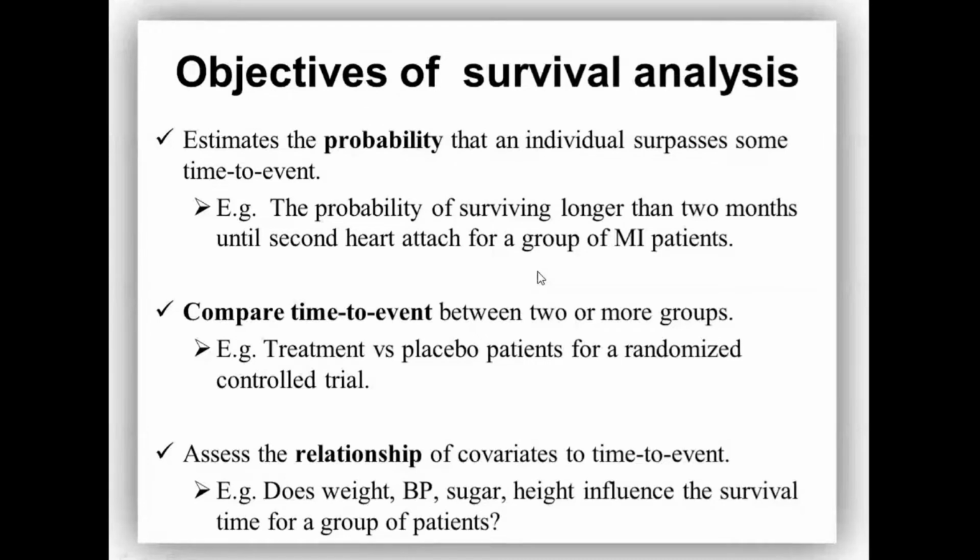For example, if you are studying ART users, HIV patients, then the event may be death, and your follow-up may start from the start of ART. So your survival time will be from the origin, the beginning of the start of ART, until a person dies.